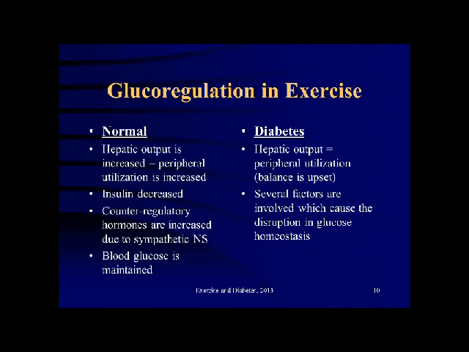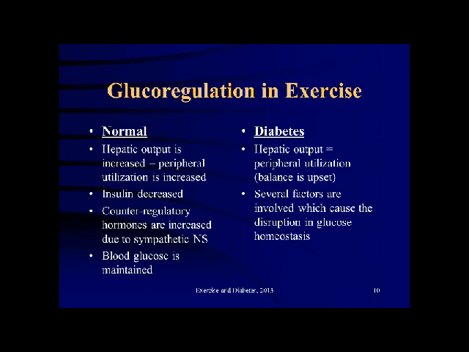Glucose regulation and exercise: you can see here what's happening at the liver and the counter-regulatory hormones in a normal individual versus somebody who has diabetes. The hepatic output and the peripheral utilization are constantly counteracting, trying to find a balance, but typically this balance is upset in somebody that has diabetes. And so it can be somewhat unpredictable.